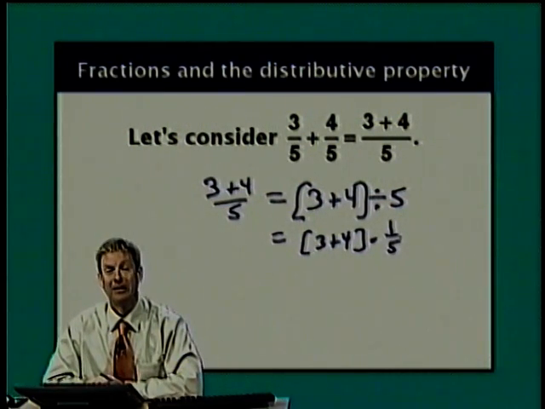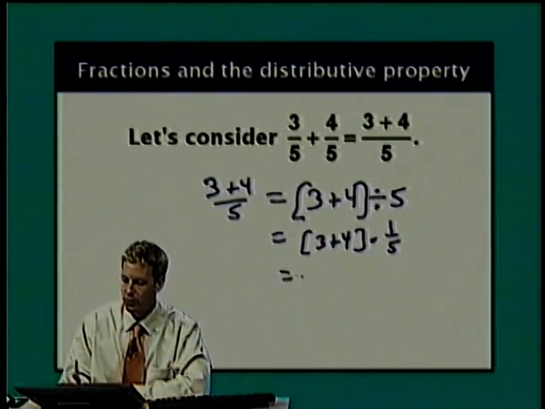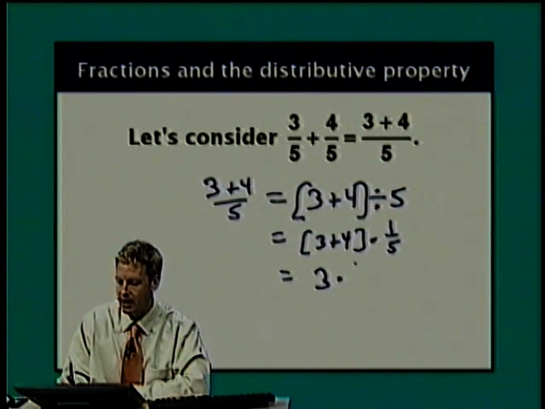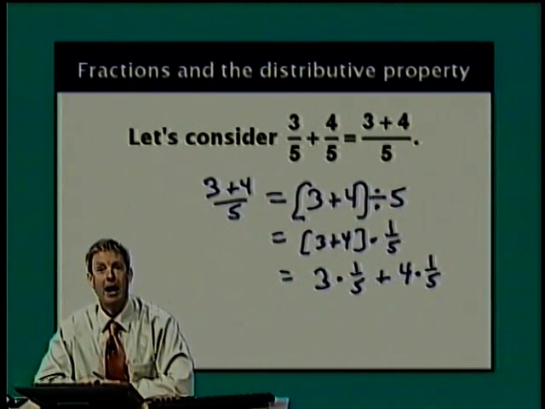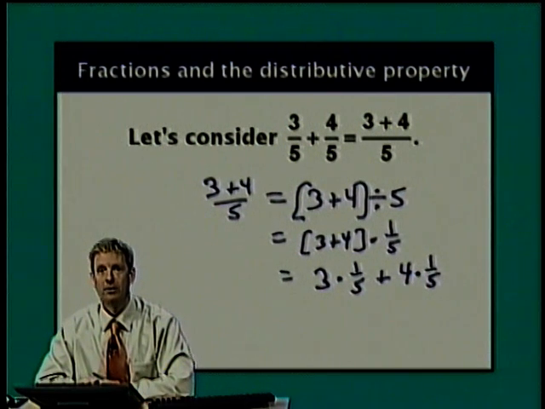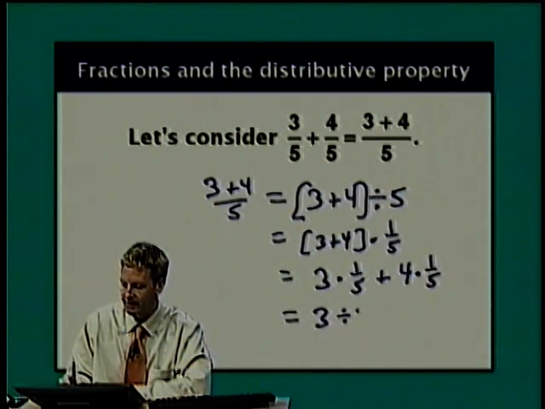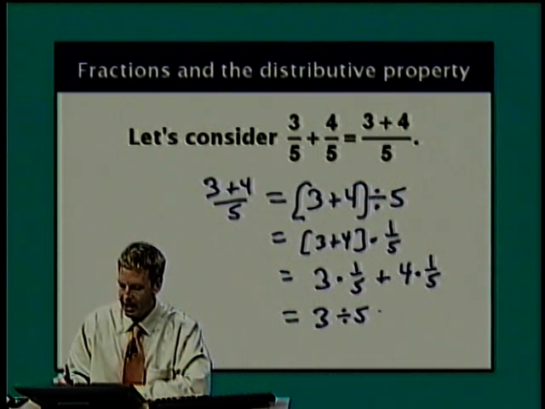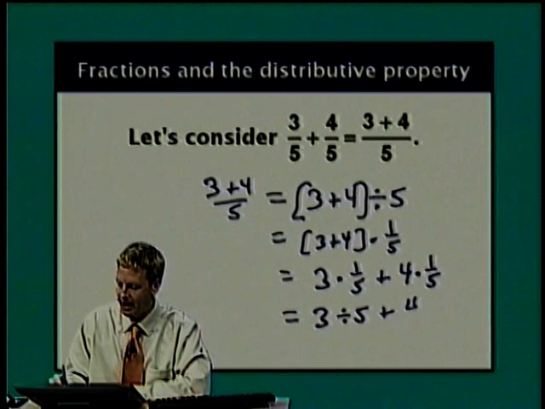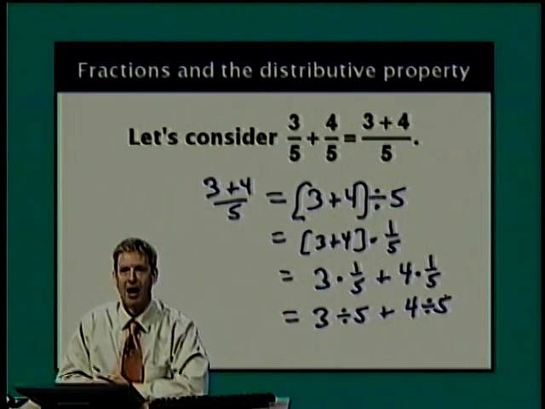Now I can use the distributive property to rewrite this as 3 times 1/5 plus 4 times 1/5. And I can take each one of these products and rewrite it as a division. 3 times the reciprocal of 5 is the same as 3 divided by 5. And 4 times the reciprocal of 5 is the same as 4 divided by 5.